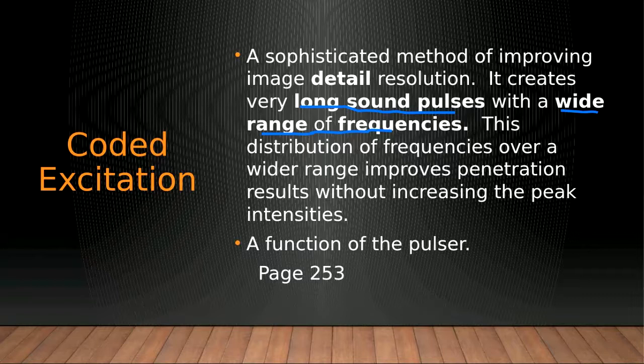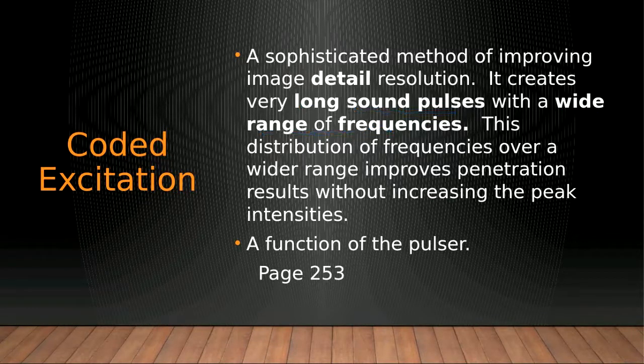So coded excitation uses long sound pulses with a wide range of frequencies, and the overall goal is to improve our detail resolution without increasing the risk of peak intensities. And this is a function of the pulser. For more information on coded excitation, and there's some more pictures in your book on page 253, he goes into a little bit more detail.